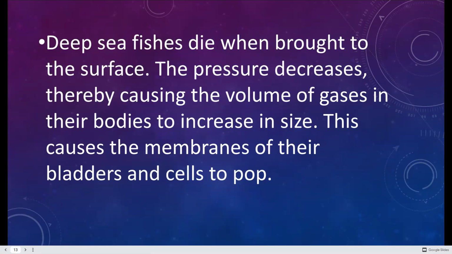That is why if you put them in low pressure areas, the tendency is what? Their membranes, bladders, and cells will pop out or be damaged.